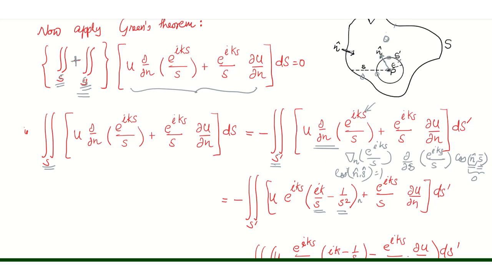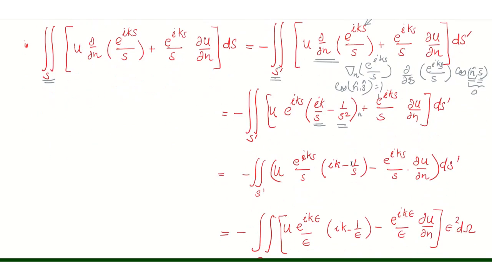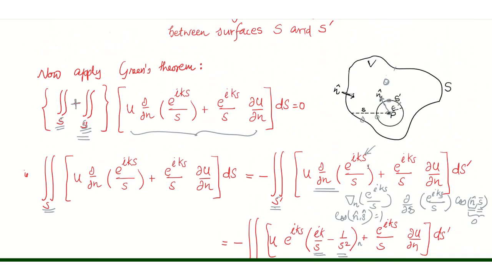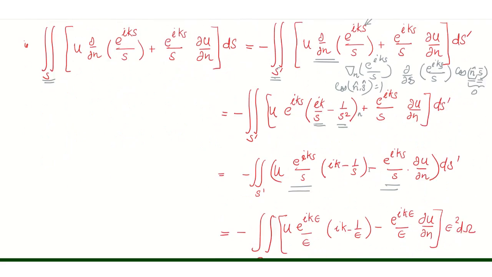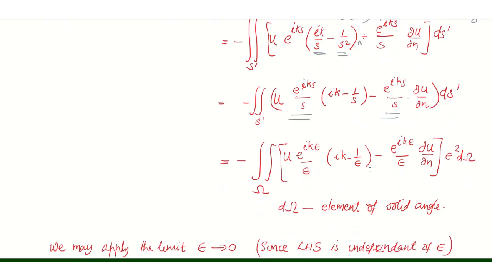Now you rearrange the terms, u times e to the ik s by s times this, and here we have e to the ik s by s, and on the surface, because the radius of this sphere we have taken as epsilon, that's what we are interested in.